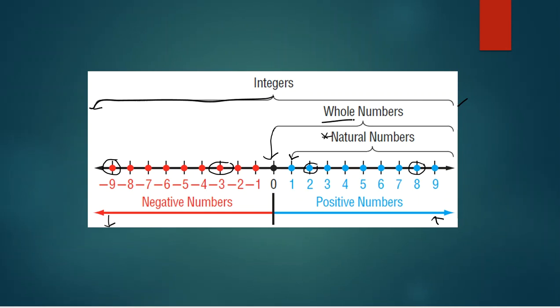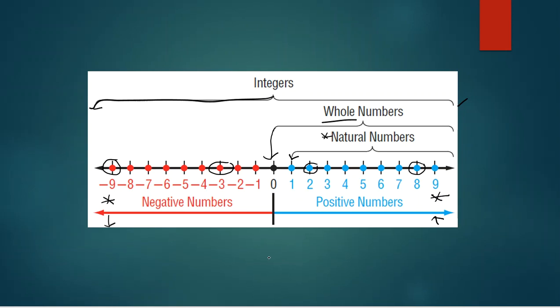It's not part of a number, it's a whole number. So natural numbers start with 1, they're your counting numbers. Whole numbers start with 0 and include all of the natural numbers, and then integers are the positive whole numbers and their opposites. So this number line right here is showing us the set of integers from 9 to -9.